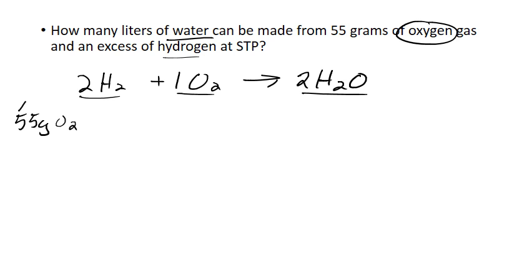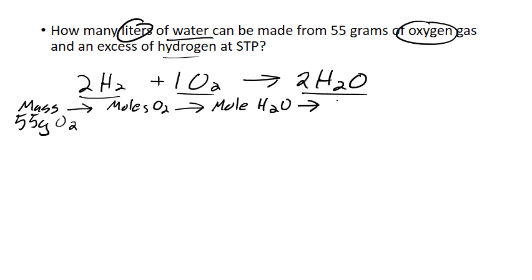The first thing I'm thinking is I'm given a mass. I want to convert that to moles of O2. Then I'm going to convert it to moles of water, which is what they're asking. And then they're asking for liters, which is a volume, so I have to convert it to a volume of water. So I have 55 grams of O2.